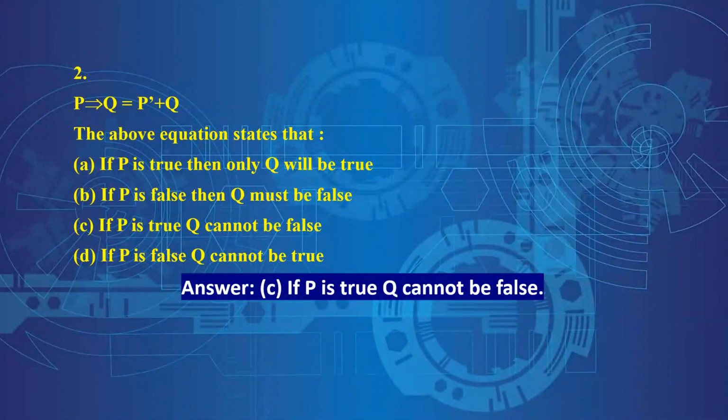If you go through the equation with the truth table or by statement, it states that if P is true, then Q is true. That means Q is partially depending upon P. If P is true and Q is true, or P is false and Q is false, in both cases the output is true.